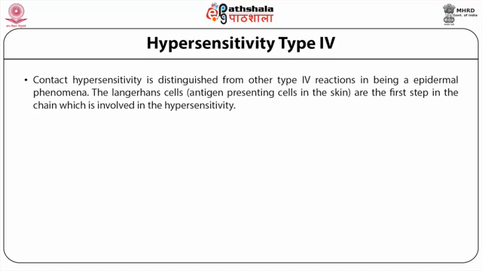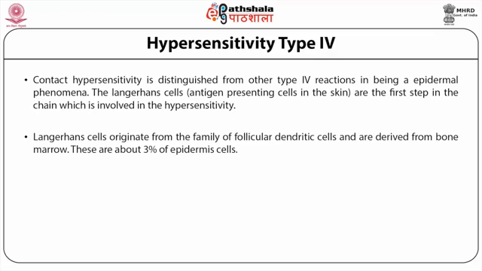The Langerhans cells, which are the antigen presenting cells in the skin, are the first step in the chain involved in this hypersensitivity. Langerhans cells originate from the family of dendritic cells and are derived from bone marrow. These are about 3% of total epidermis cells.